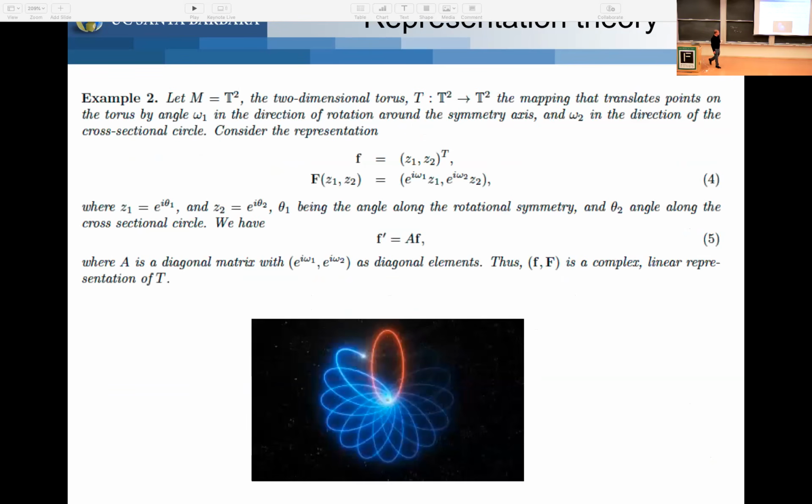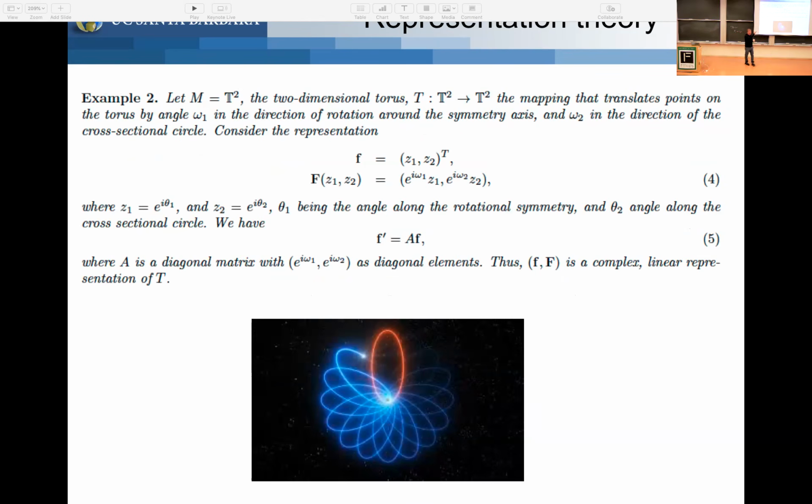One example, which is also supposed to convince you that we should always start with spaces of complex functions and not real, is rotation of the torus. Imagine just a very abstract rotation of the torus. Take e to the i omega 1, take rotation rates omega 1 and omega 2. Take functions z1 is e to the i theta 1 and z2 is e to the i theta 2.